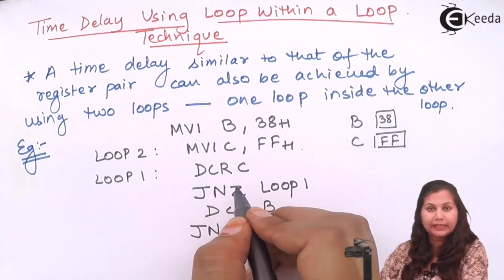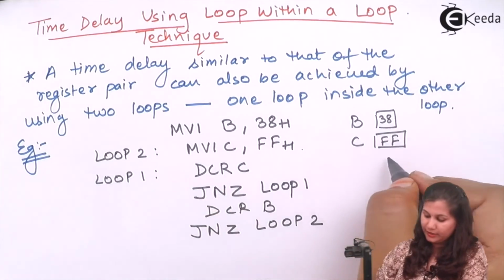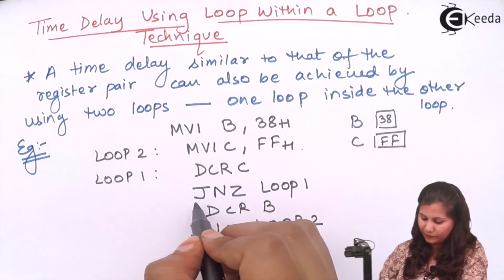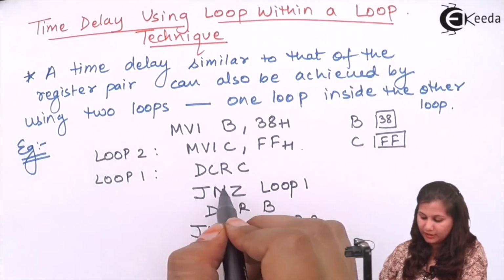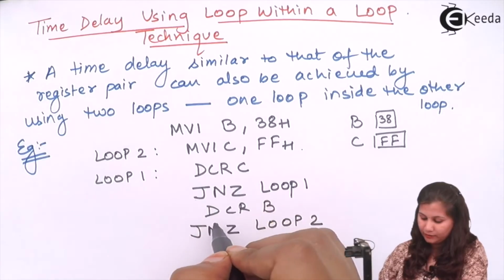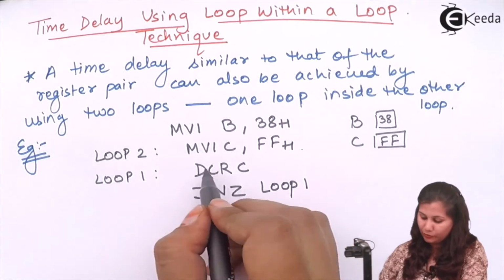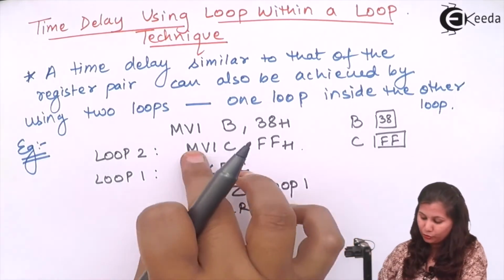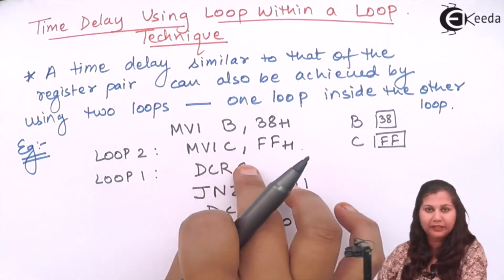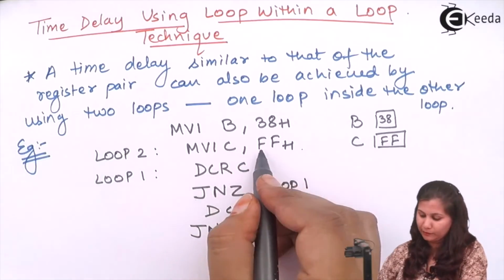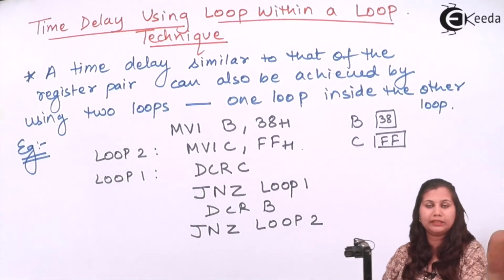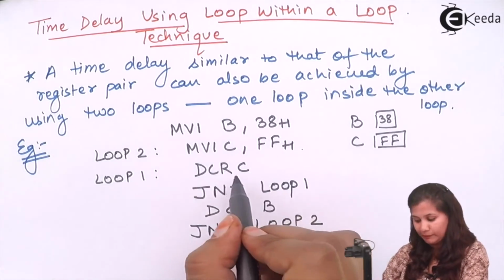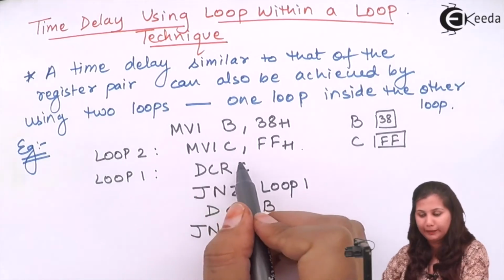Then first we will decrement the C register. It will become FE, FD, in this way. When this C register is 0, the next instruction will be executed, otherwise it will be decremented until its value is 0. So the inside loop will be repeated 255 times, because the decimal equivalent of FF is 255. So 255 times this inside loop will be repeated.